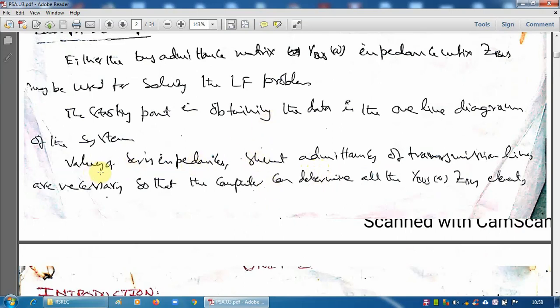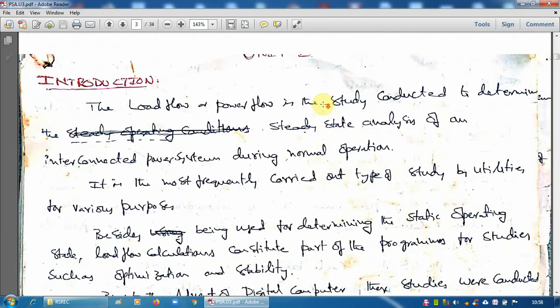Next, values of series impedances, shunt admittances, transmission lines, etc. These are all already mentioned. Data of all these things is required for the construction of Y bus. So this data is nothing but Y bus data. That is one thing.